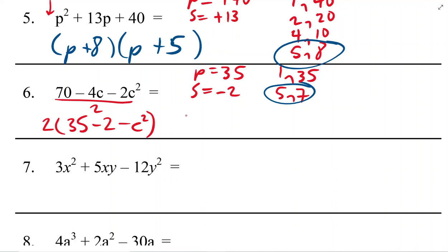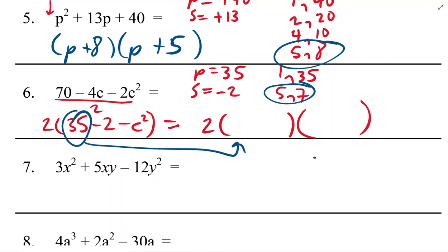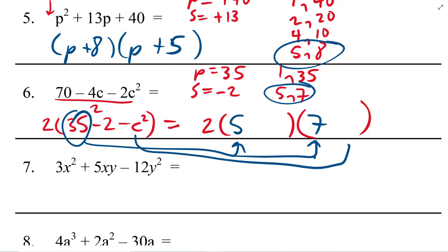So what I have to do now is a little bit of guess and check. First of all, equals 2, bracket. You got your bracket set up. Now, in order to have 35, I got to split that up into 5 and 7. And I know with the c, I have to have it c and c.